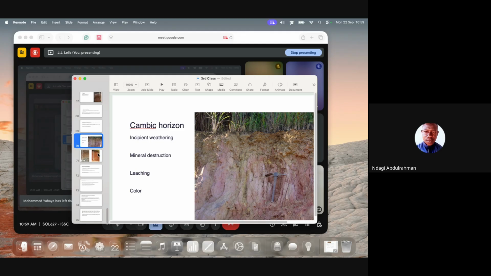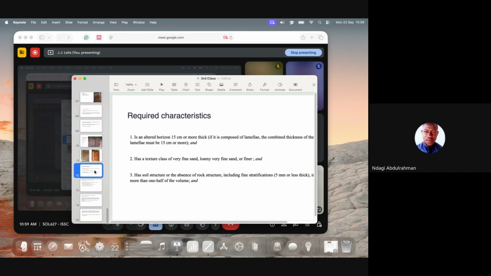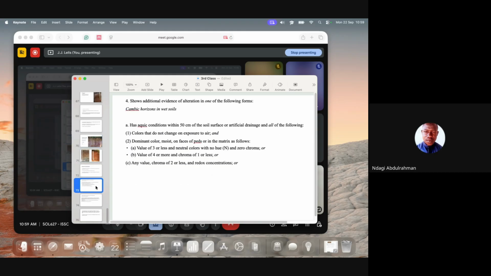At what percentage can we differentiate that this overlying layer has one type of color and the underlying layer has another? What percentage? Is there any limitation on how to recognize that?